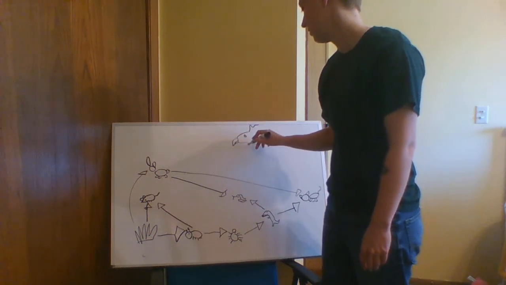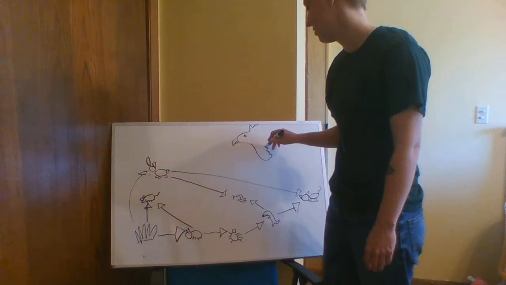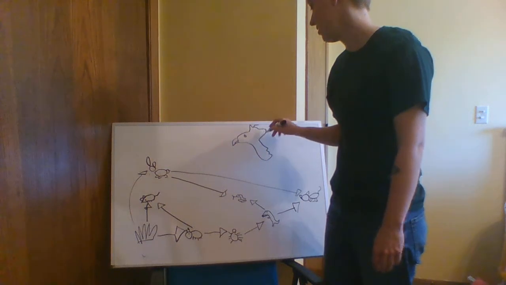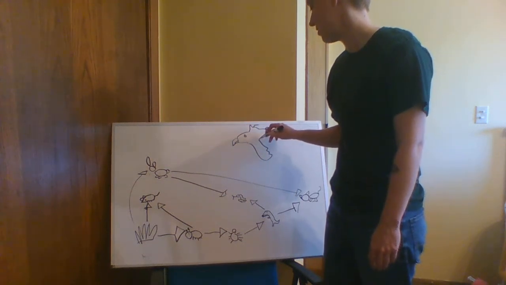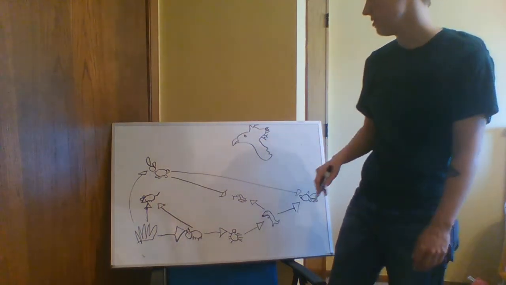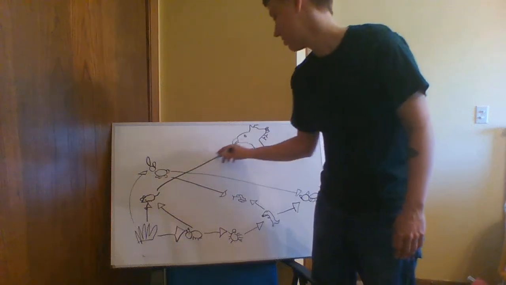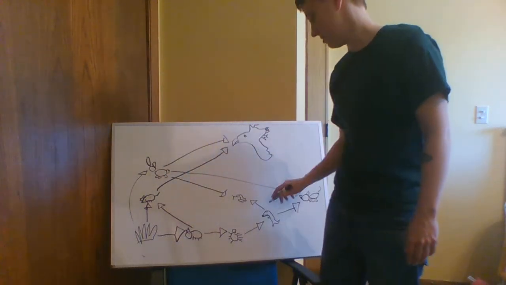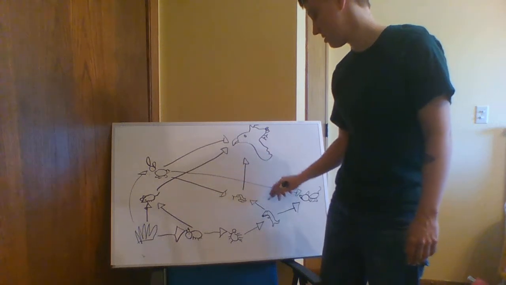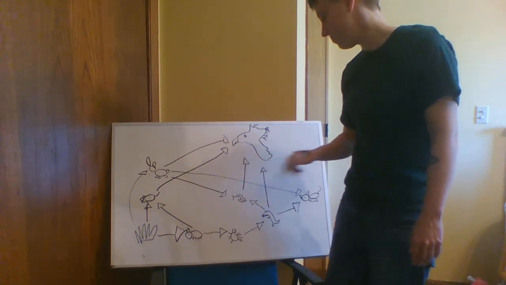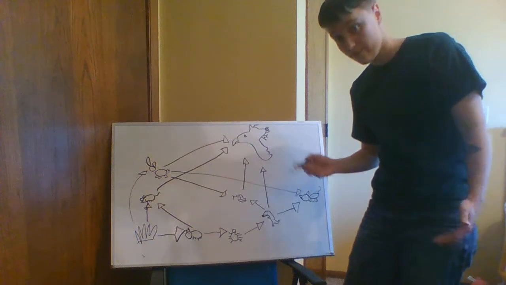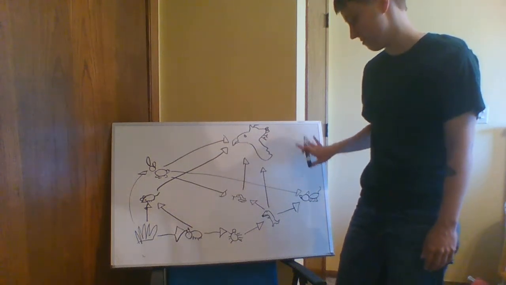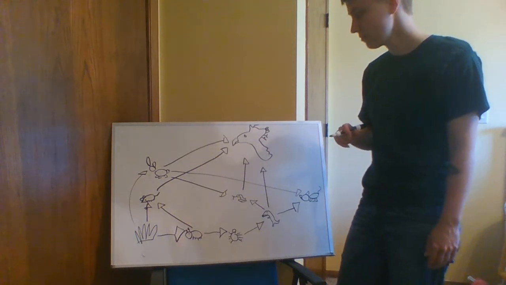Just a flying eagle. Great art here, guys. This is what you came here for, was the art. So that eagle could eat the mouse, the rabbit, the snake, the weasel, and in some cases, if it's big enough, maybe some type of cat. But we're going to leave it there for that one.